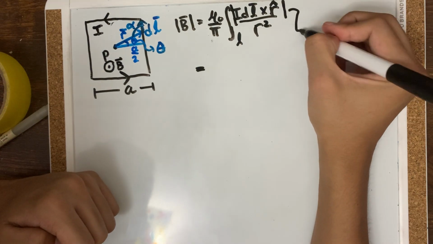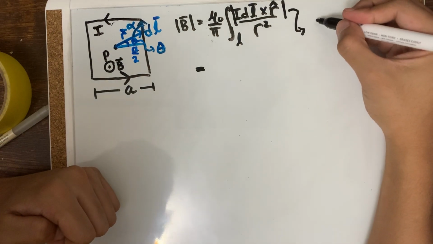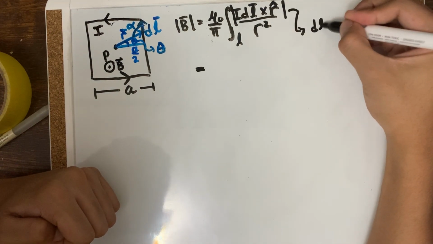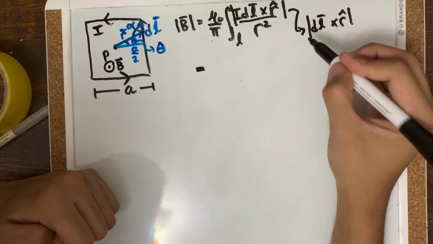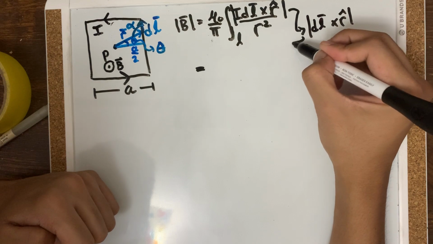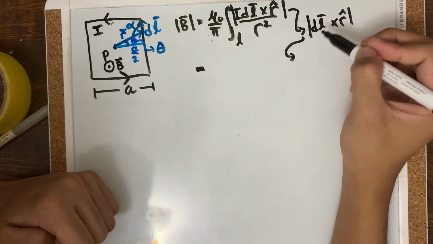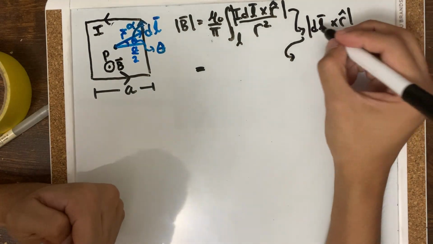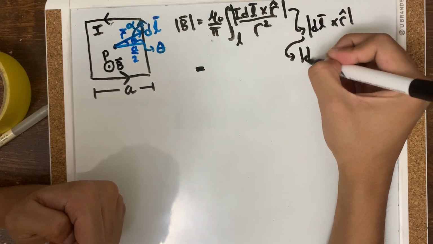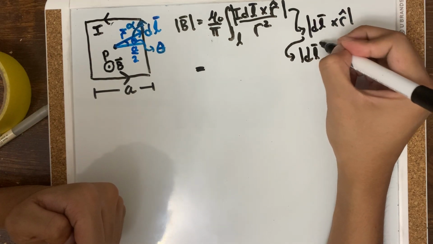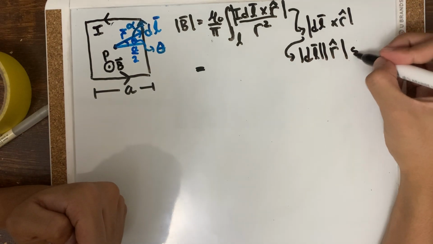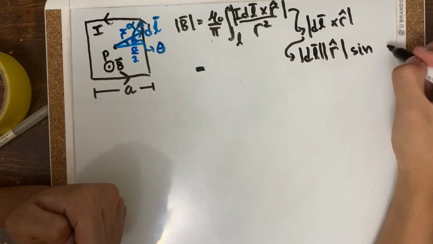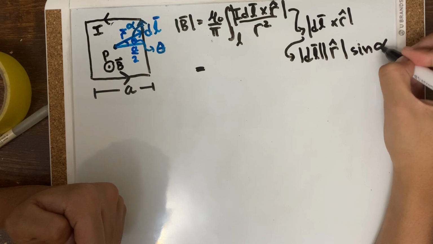So we need to find the magnitude of this cross product, dl cross r hat. From linear algebra, this is just the magnitude of your dl vector times the magnitude of your r hat vector times the sine of the angle between them, which is alpha, sine alpha.